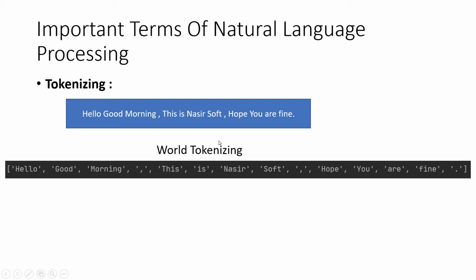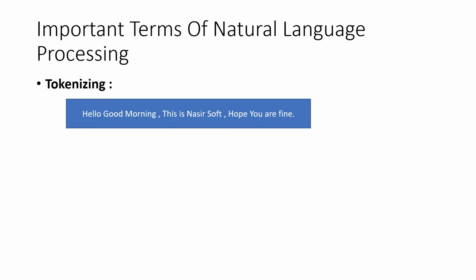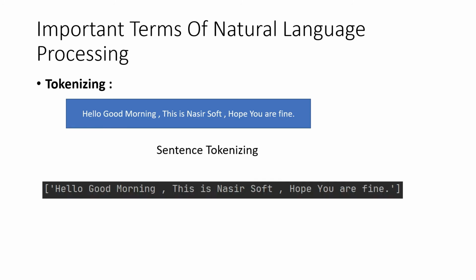And in Python, by using the nltk library, we use the word_tokenize method for tokenizing, for example, a sentence into words. Similarly, we can apply sentence tokenizing. If we apply sentence tokenizing to this text, then hello, good morning, is one token; it is a sentence token.